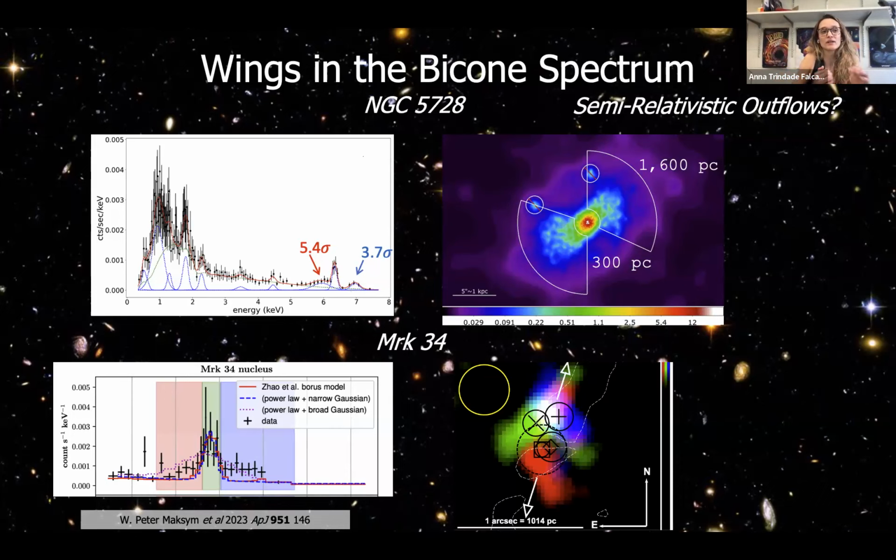The models can't do it because you don't have a lot of counts, or you don't have good statistics. So there is the possibility that this is just iron-25, iron-26, which would have very high velocities as well. But we were not able to confirm that information.